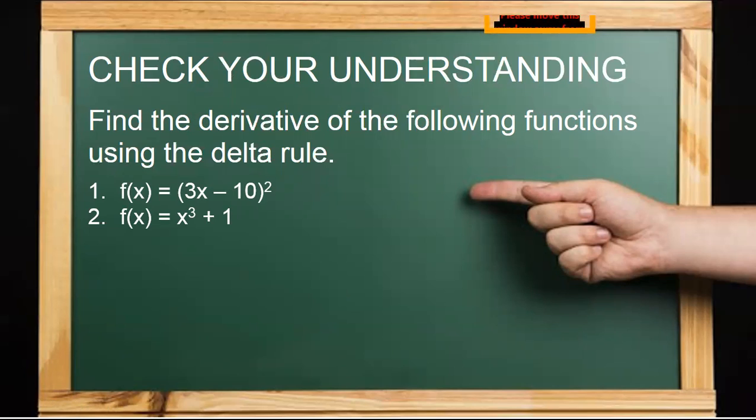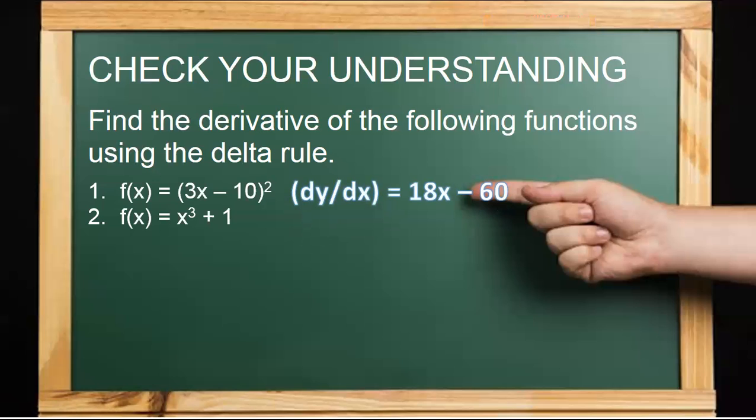Okay. So let's check your answers. For number 1, the answer must be the derivative of y with respect to x, or dy over dx, which is equal to 18x minus 60. And for number 2, dy over dx is equal to 3x squared. Okay.